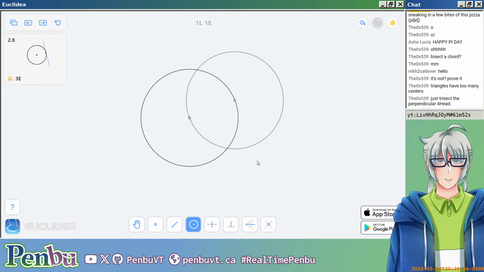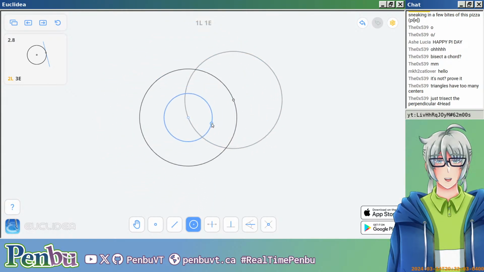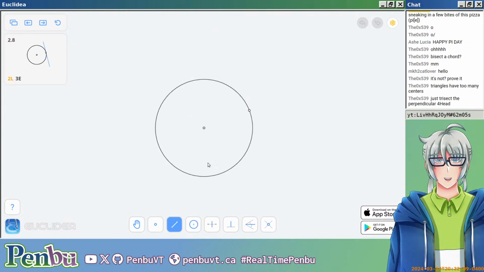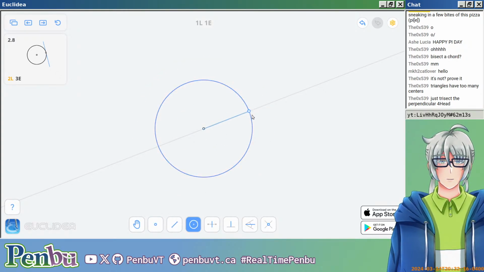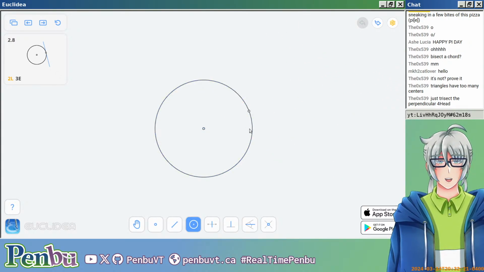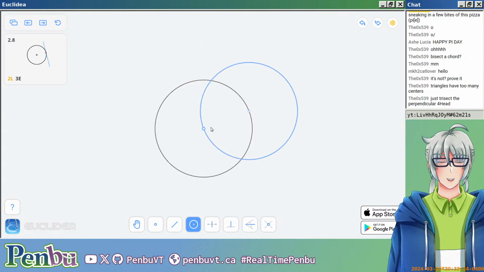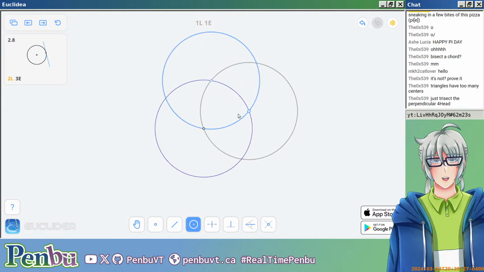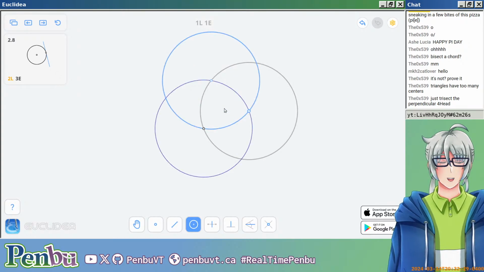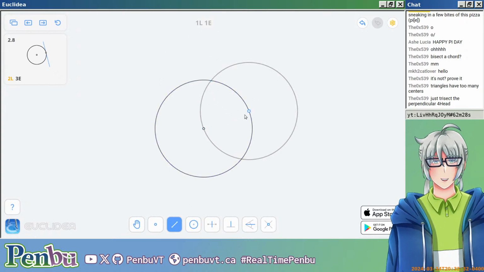So we somehow need to find this line here. We only really have 2 options. One, we can start with a line, and then a circle of some sort. The only two obvious things that I see is that we have a line... Oh, don't put it there. We have a circle from this point to the midpoint, and then... something. Or we have a line.